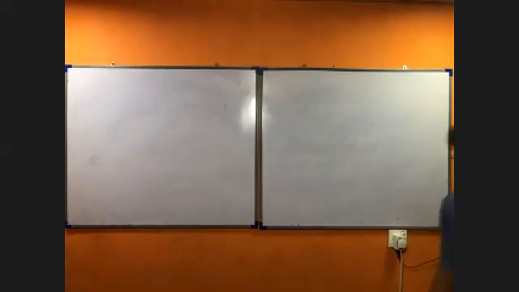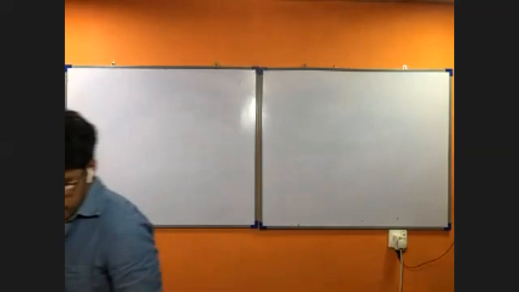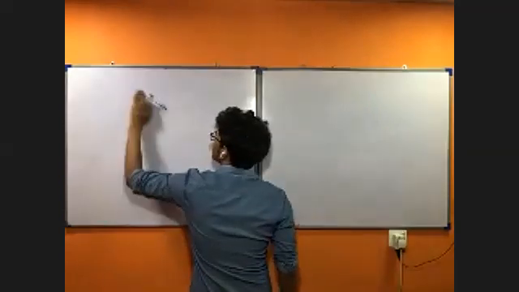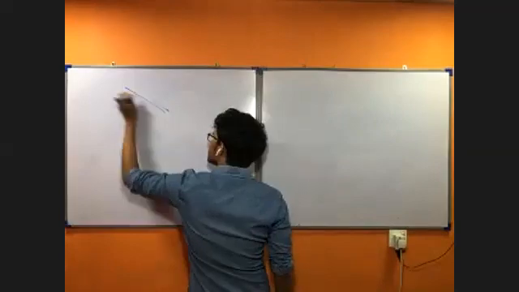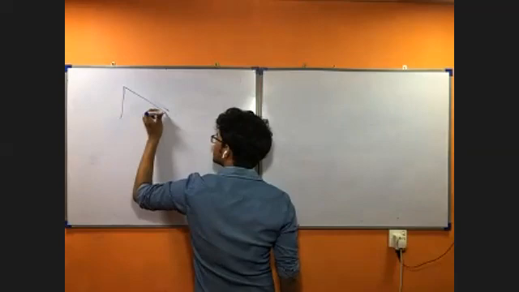Let's see. So the volume of the prism shown in the figure is 60 centimeters cubed. Okay, so we have a prism like this. I think this angle is 90 degrees, right?